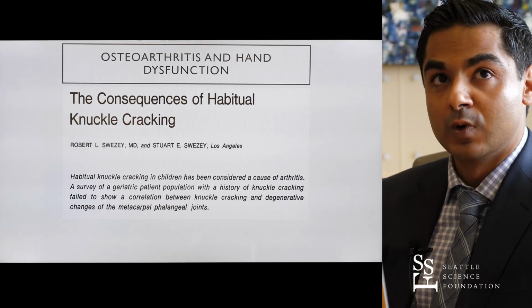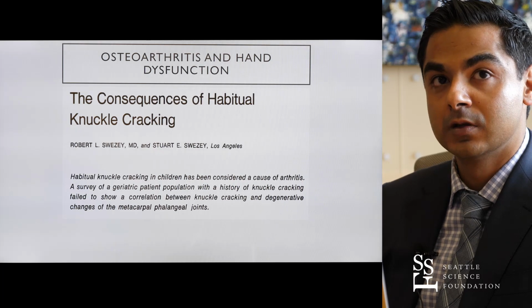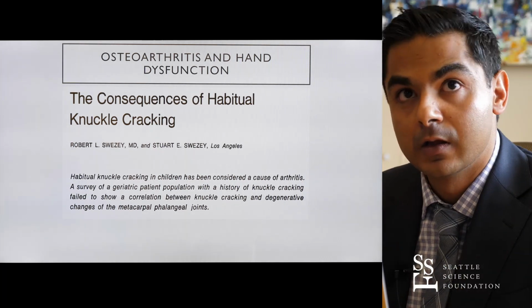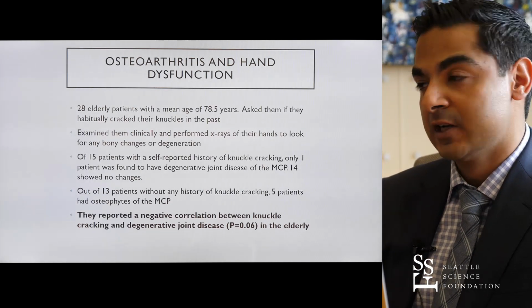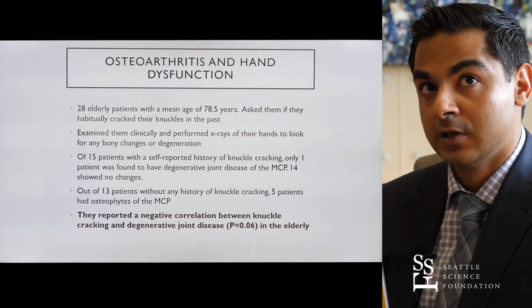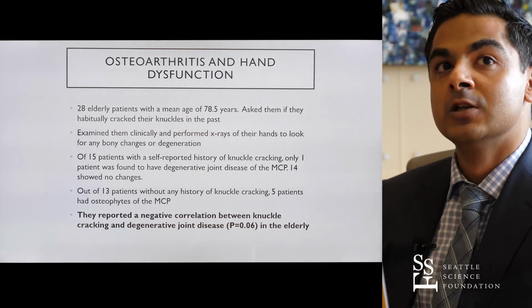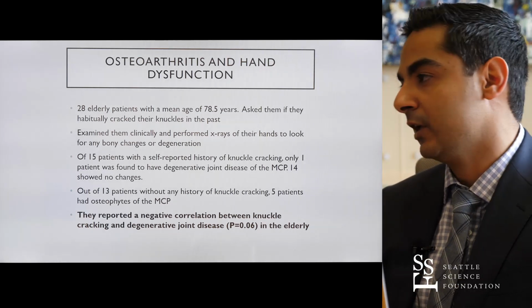So this is the first one. It's a cross-sectional study, and it looked at the geriatric population. They took 28 elderly patients from nursing homes. Their mean age was 78.5, and they asked them if they cracked their knuckles or not. They found 15 people who cracked their knuckles and 13 who did not.